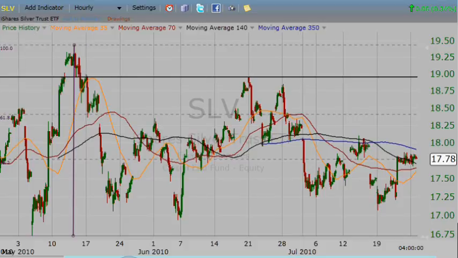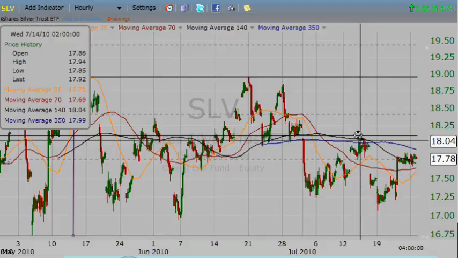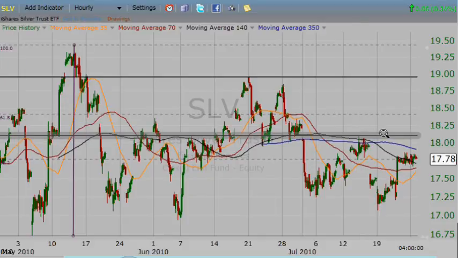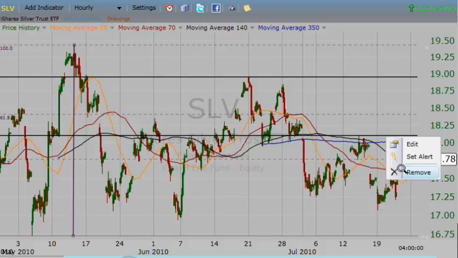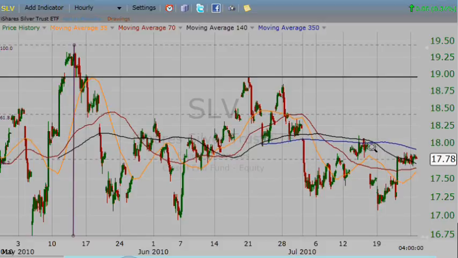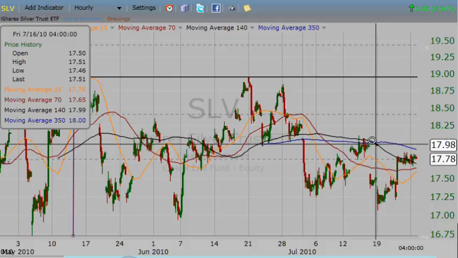You also have a level roughly at around 1810, which has had some significant support and resistance along the way. And then that 18 level that I was talking about is a huge level.